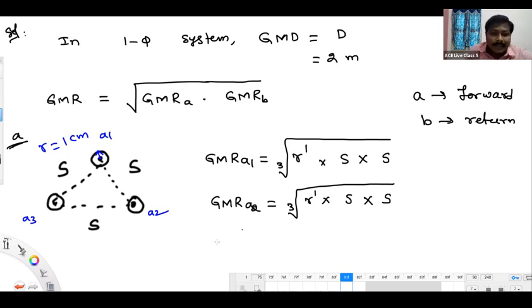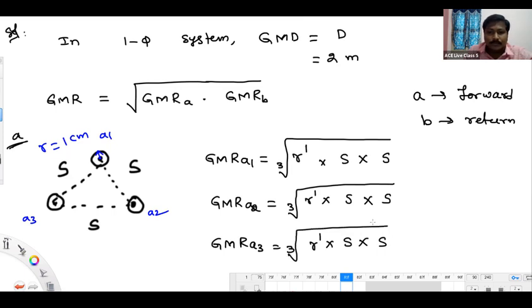Okay. What is GMR of A3? It will be self of A3, R dash, A3 to A1, yes. A3 to A2, also yes, we have. So it will be under cube root, R dash into S into S we have. Kindly follow the procedure, only with respect to the examination.